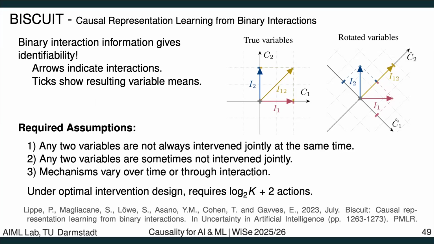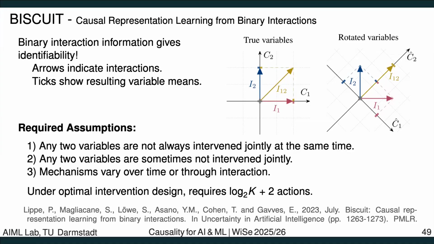So then this might relate already to the next section. What they additionally assume is that any two variables are not always intervened jointly, which basically means I sometimes observe that a variable is intervened independently.